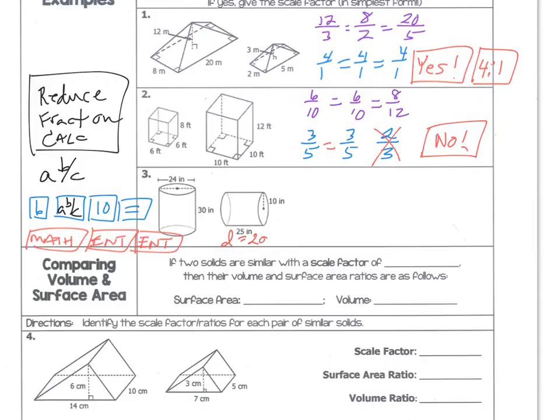So when we write our ratios for all of the pieces that they've given us, for the diameters, I have 24 is to 20, if I'm going from left to right, and we're going to compare that and see, is it equal to the height on the left one, which is 30, to the height on the one that's turned sideways, which is 25. So practice on your little calculator, the new button, right?